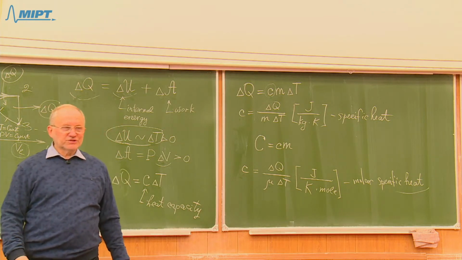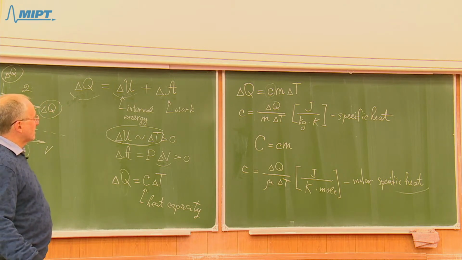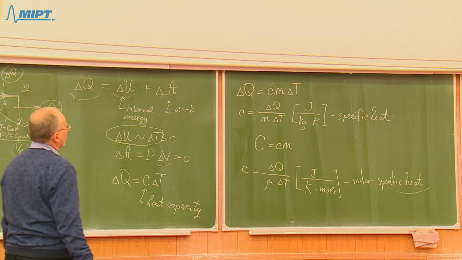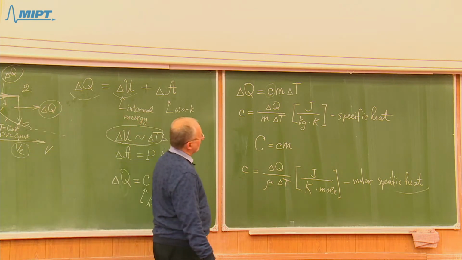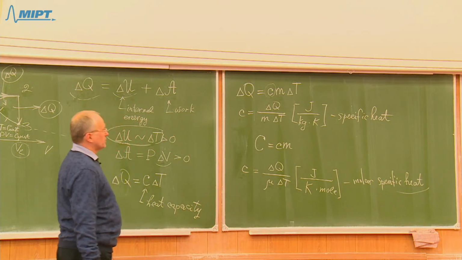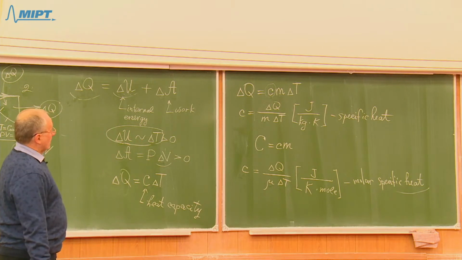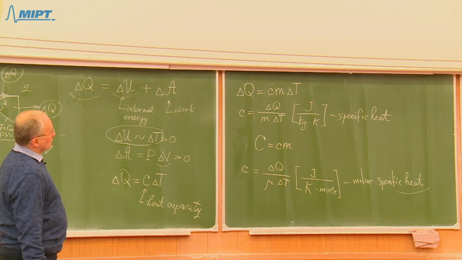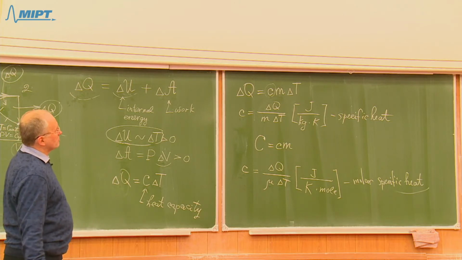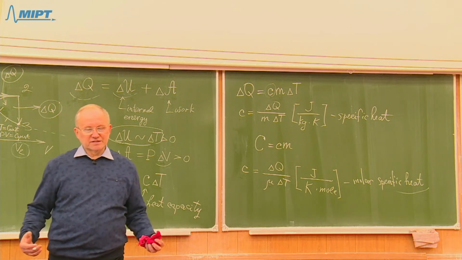Okay, after introducing the specific heat capacity, I have to mention that there is another unit of measurement of heat energy, the amount of heat energy conveyed to a body or exchanged between bodies.